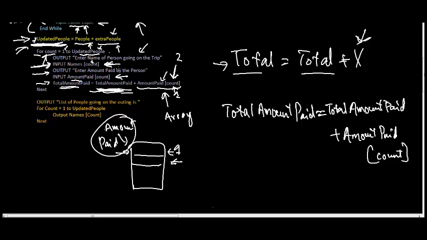So this way we are going to loop through the array. Each time the value of count is going to change, and each time the box corresponding to that value of count, from that box the amount will be picked up, and it will be added to our total, right? So that's how the total is going to be calculated.